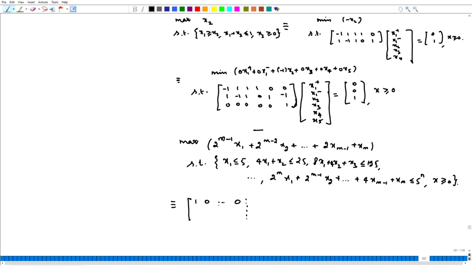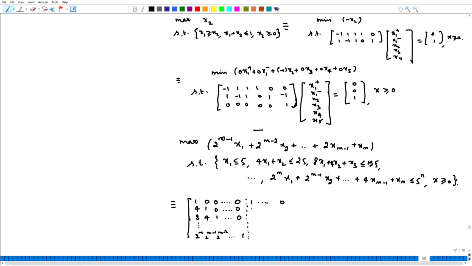This row will be 4, 1, then 0 and 0. This will be 8, 4, 1 and all zeros. This goes up to 2 power m, 2 power m minus 1, 2 power m minus 2, dot dot dot, and finally 1. These are the constraints, and here you will have identity.